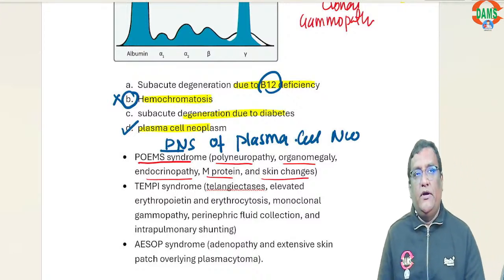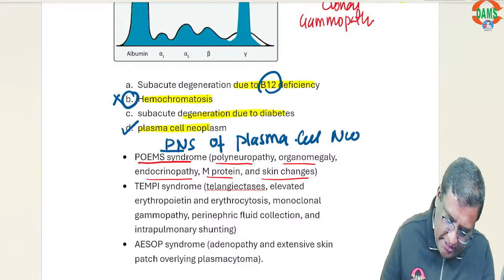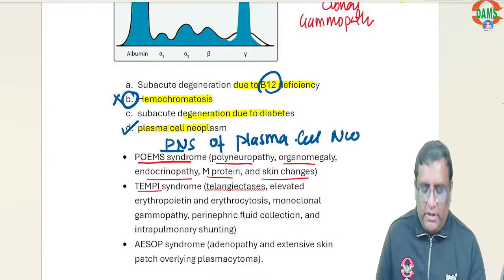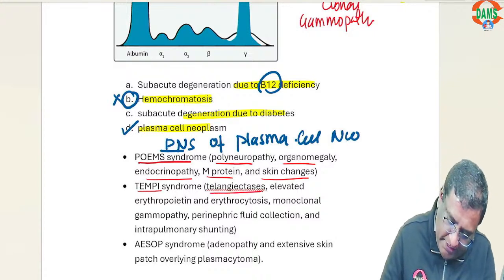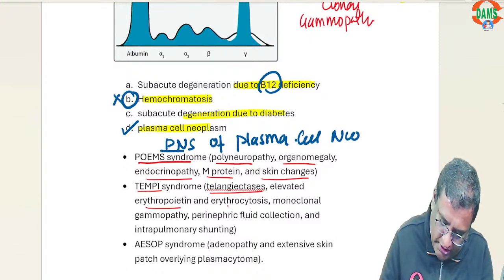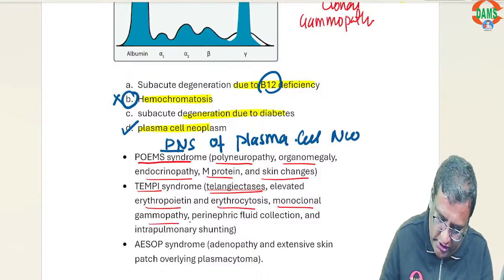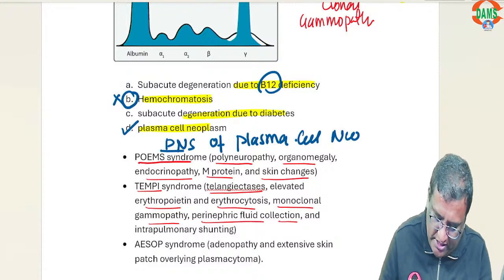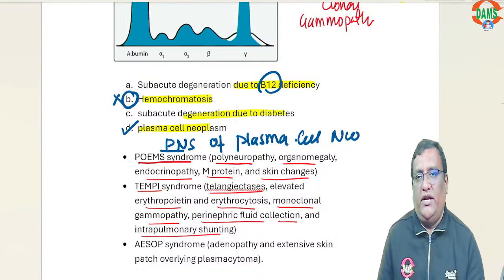Another is TEMPI syndrome: telangiectasia, elevated erythropoietin, erythrocytosis, monoclonal gammopathy, perinephric fluid collection, and intrapulmonary shunting.